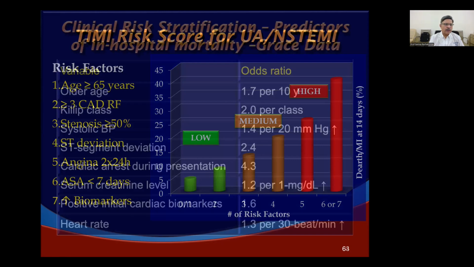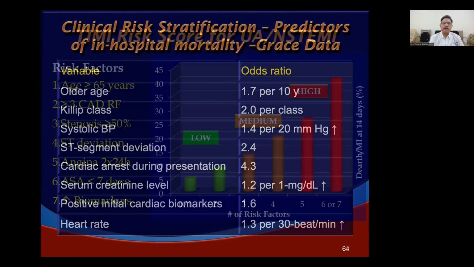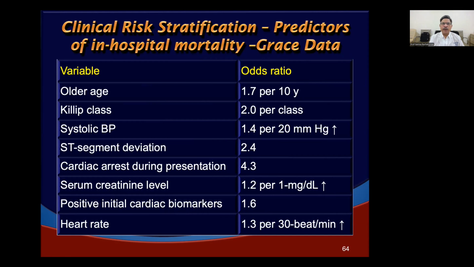I'm showing you several types of risk assessments: Killip risk assessment, Canadian risk assessment, troponin risk assessment, and then the ST segment risk assessment, diabetes risk assessment, and then TIMI risk assessment. All these are various risk assessments we have. Now you see, in-hospital mortality is correlating with elderly age, 1.7 for every 10 years after 50. Killip class, 2 per class. If the class is increasing, the odds ratio will increase.